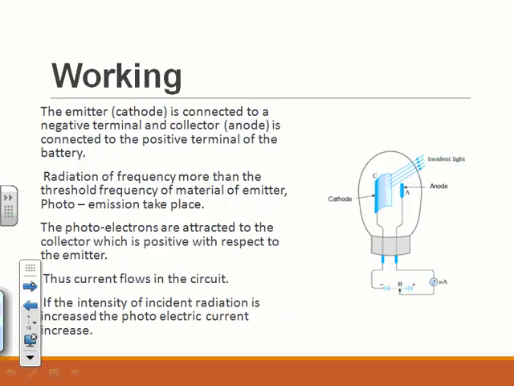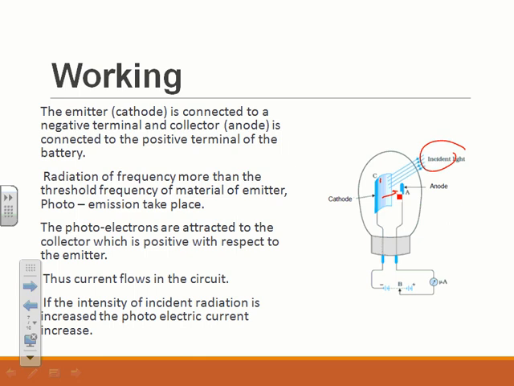Now let us see the working of the photoemissive cell. As I said earlier, the semi-cylinder cathode is coated with photoemissive material. When light falls on this cathode, the electrons at the surface acquire enough energy and escape from the surface of the cathode.